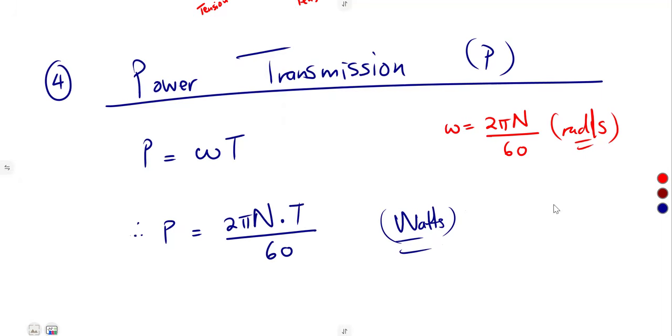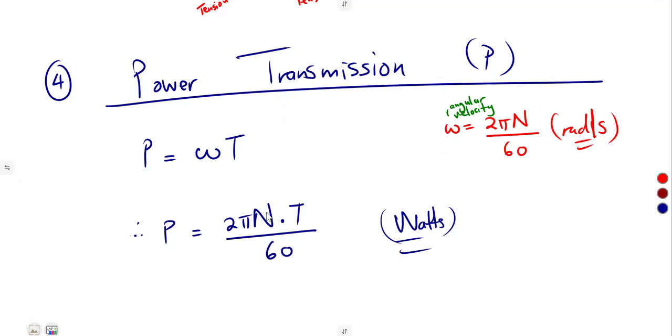Can be kilowatts, depending on your conversion at the end of the day. So this is it. Omega being what? The angular velocity. Remember those conversions that you used to have before in N4? Angular velocity. We are back to that.